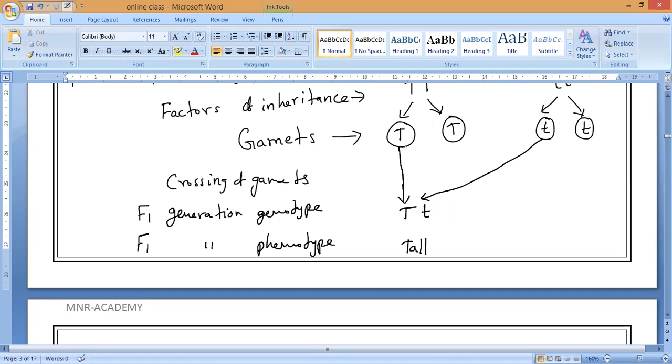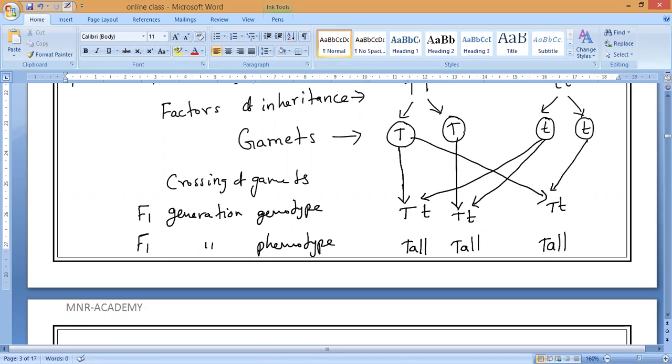Next one, this capital T and this small t. This is also tall only. Next, capital T and small t appear through crossing during reproduction.